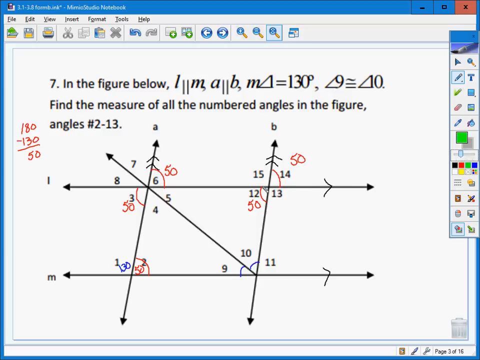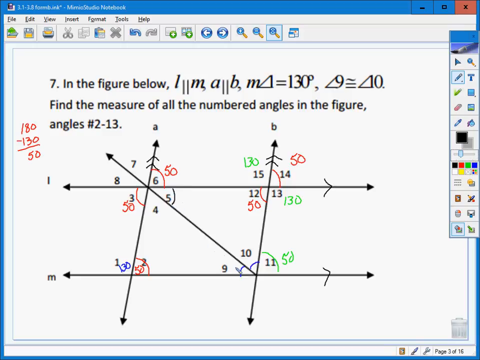There's some other angles that are easy then to find. I know that if this one's 50, that this one has to be 130 and 130. And it means this one is also going to be 50 because it would be corresponding. Now, the other ones that are here might be a little harder to see, but I do know that 9 and 5 would be congruent.